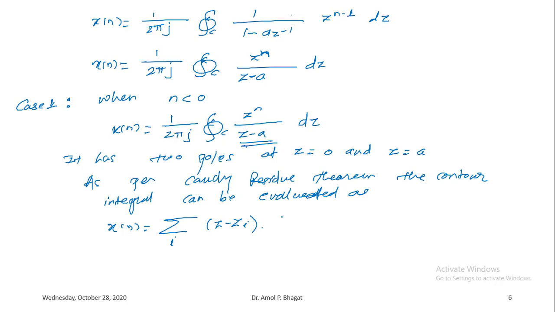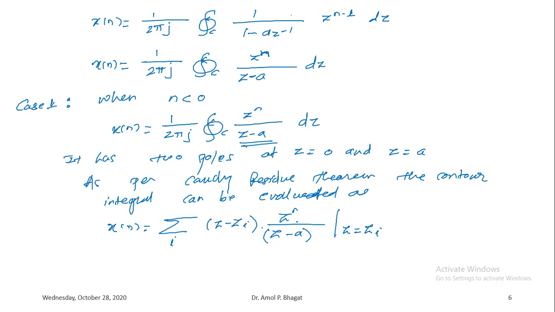So after multiplication, that is 1 upon 1 minus a z inverse multiplied by z to the power n minus 1, that is z to the power n upon z minus a, right? So that will be evaluated for z is equals to zi, and the values of this zi can be 0 or it can be a, right? Correct. So we have to evaluate it for these two values. So here what equation we have?